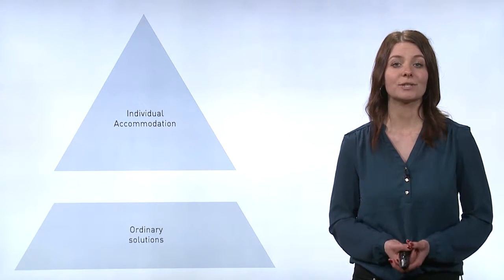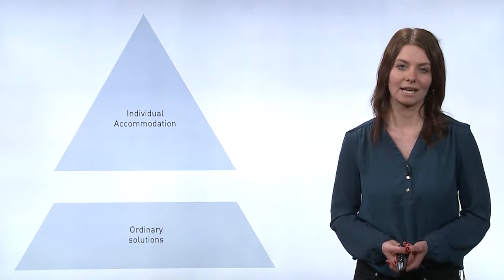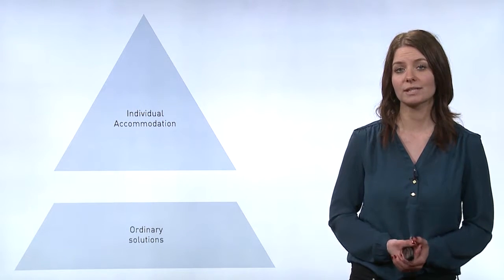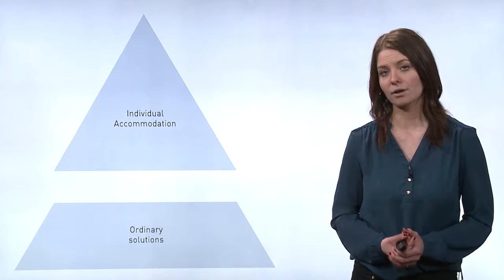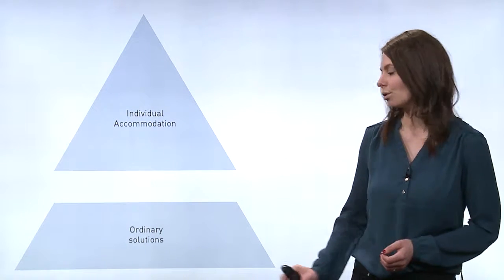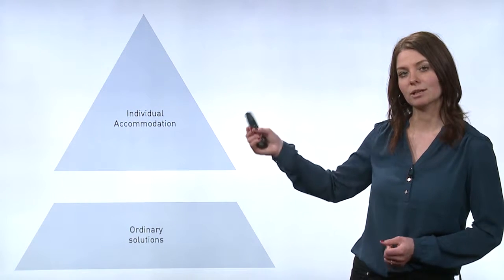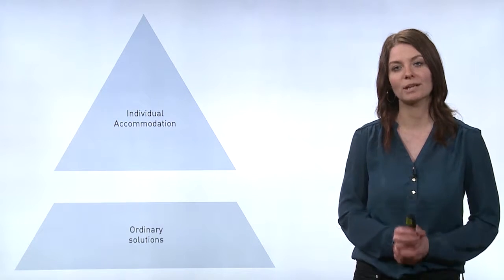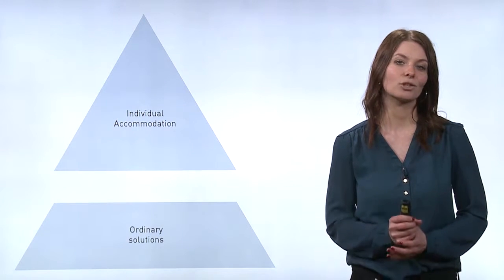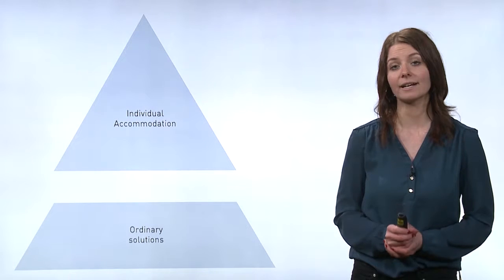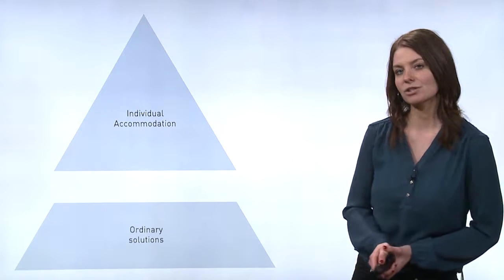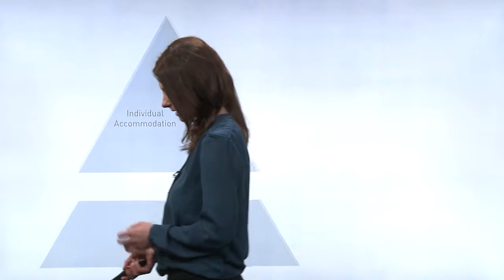Even though it is interesting to divide the student population like this, it is important for you to see all students as a part of a whole. Both the ordinary solutions and the individual accommodations are closely related, and the ideas of universal design will show this very clearly. Let's give the student group of this pyramid a context.